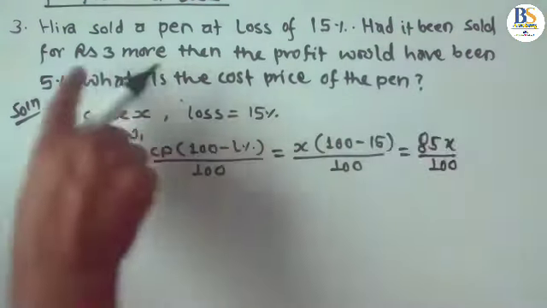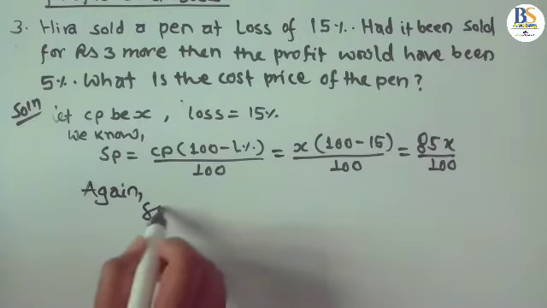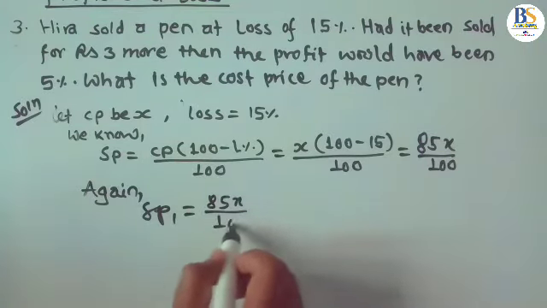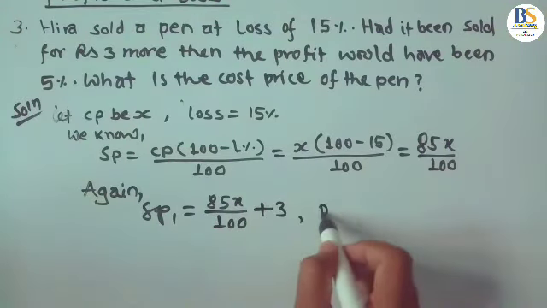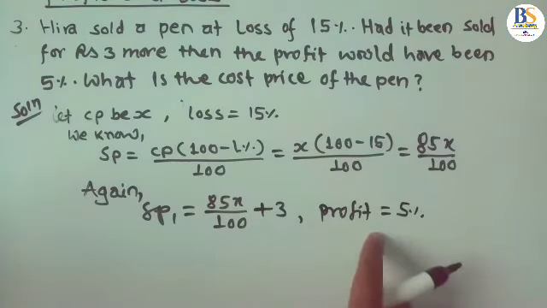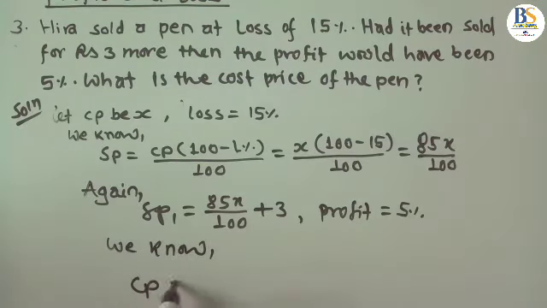Then had it been sold for Rs 3 more, then the profit would have been 5%. If SP is 3 more, means 85x upon 100 plus 3. Then profit would have been 5%. Again SP and profit percent is given. We can find CP. CP equals SP times 100 upon 100 plus profit percent.